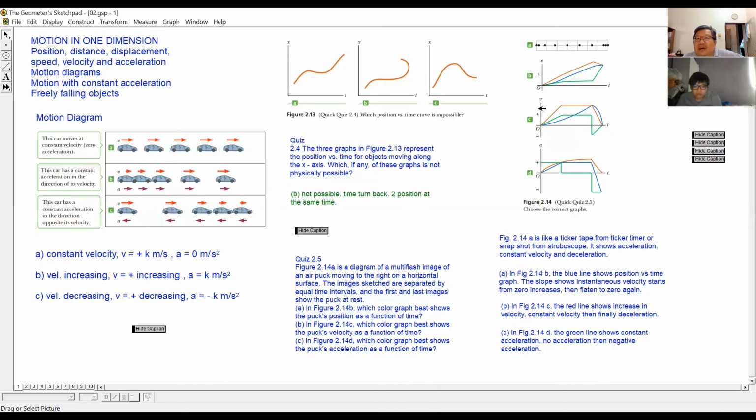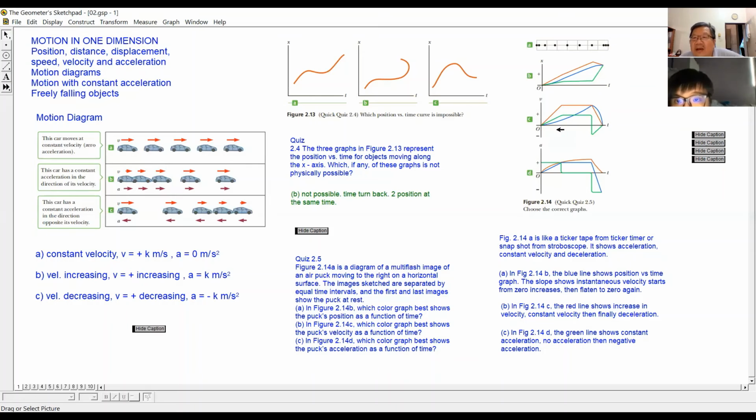Now, part C here. Which of these three lines, the red, the blue, and the green, shows the velocity of this object? The red line.